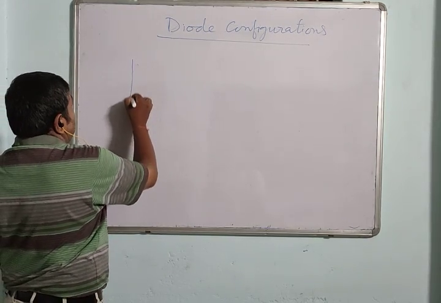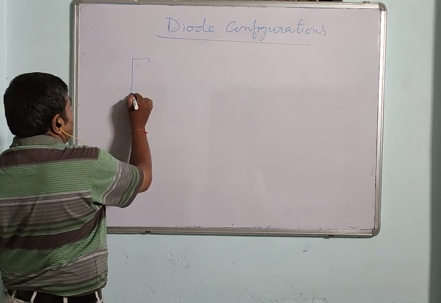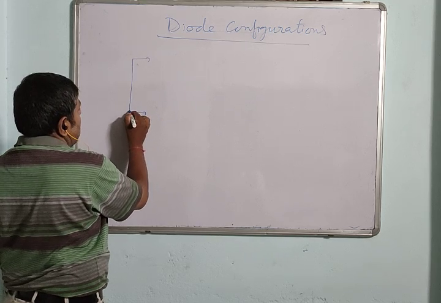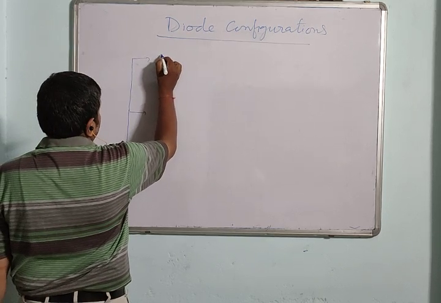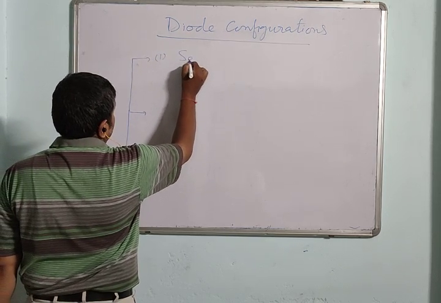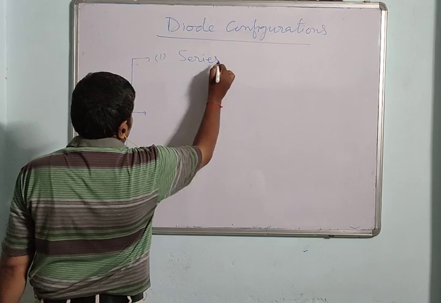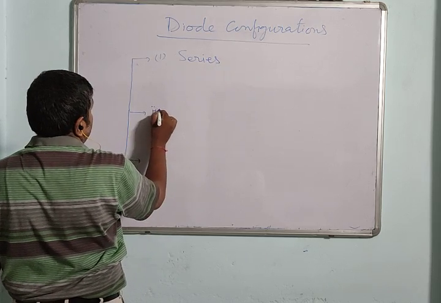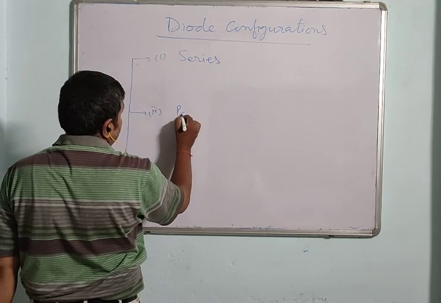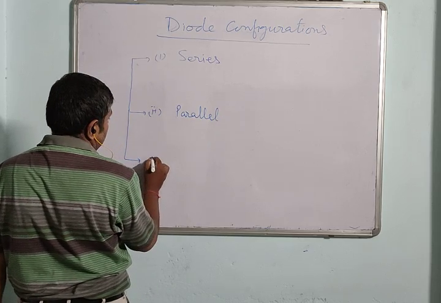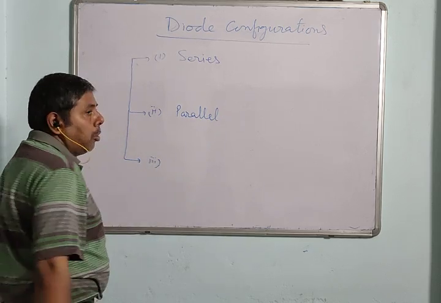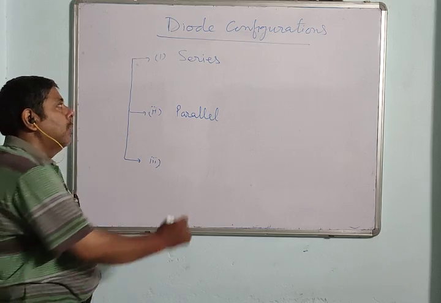We have three basic diode configurations. First one is the series, second one is the parallel, and third one is the combination of series parallel.